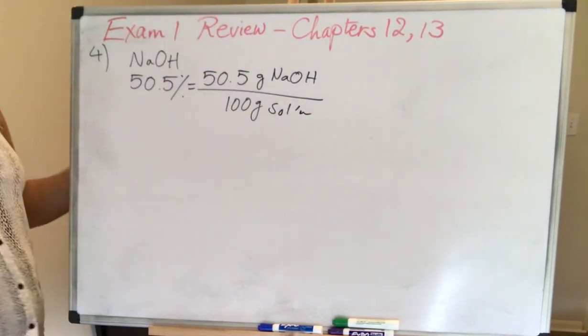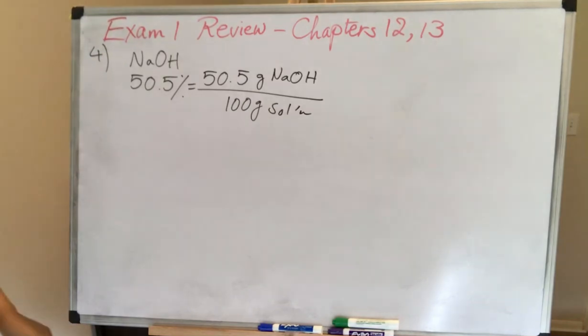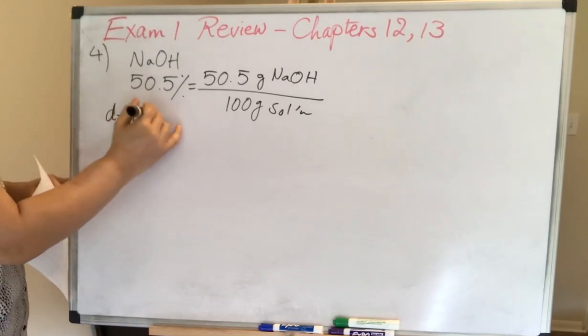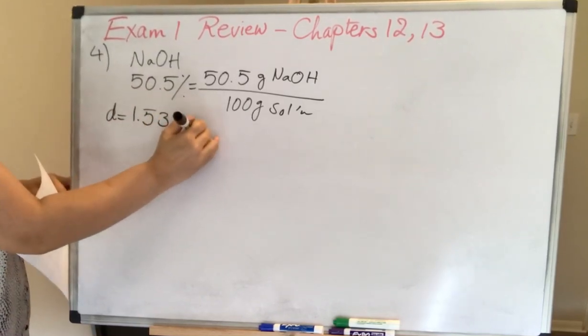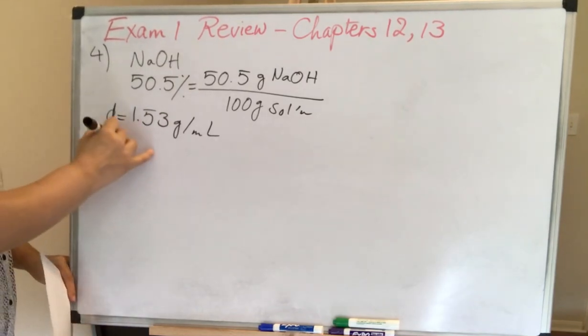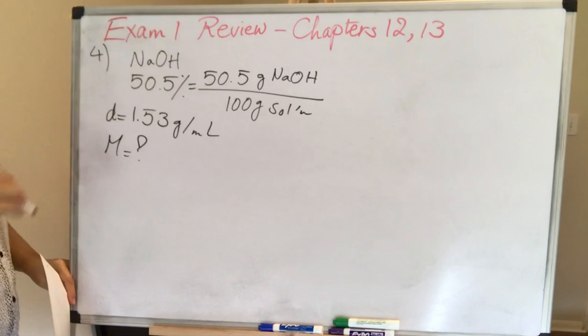That's the meaning of 50.5% by mass, and has a density of 1.53 grams per milliliter at 25 degrees Celsius. We're supposed to find the molarity of NaOH.